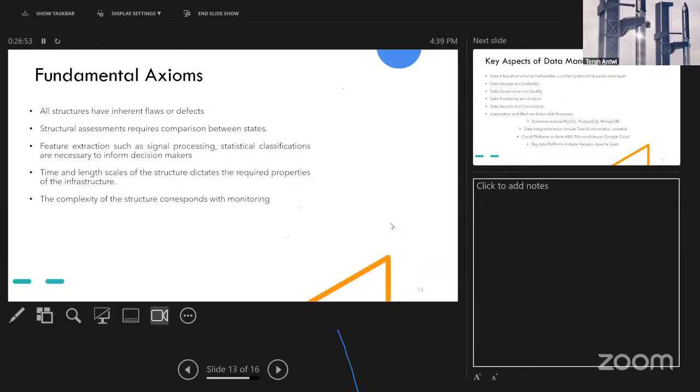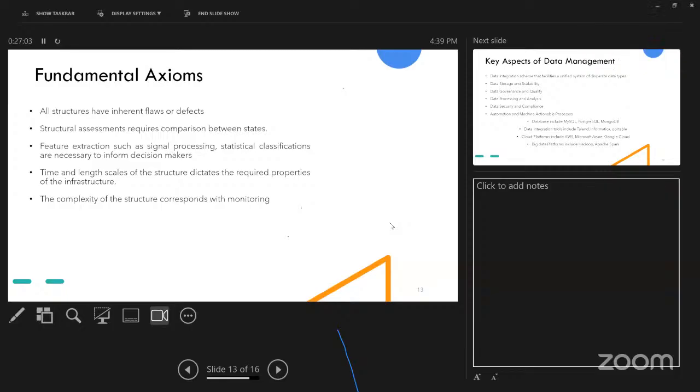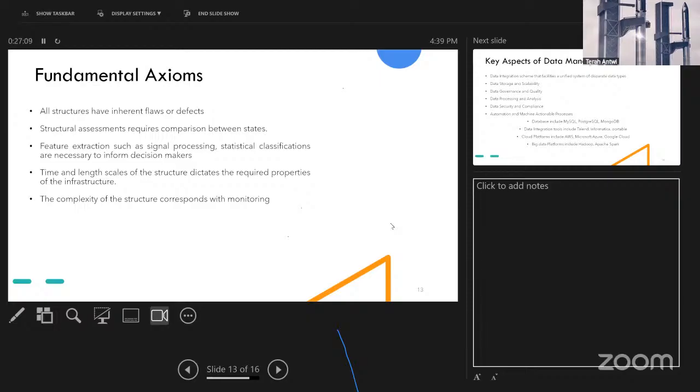So for structure assessment, you have the structure assessments as part of the management stage where you evaluate the data you have collected during infrastructure mapping. Before you can make any claim on the condition of the infrastructure, it must be compared to different states.